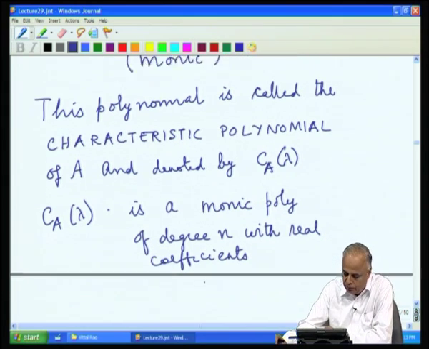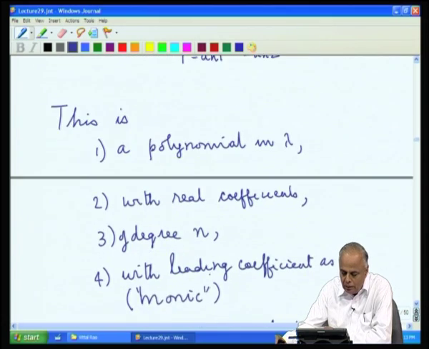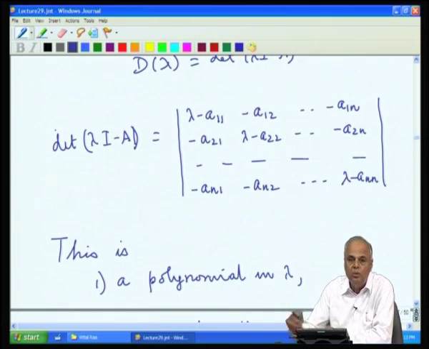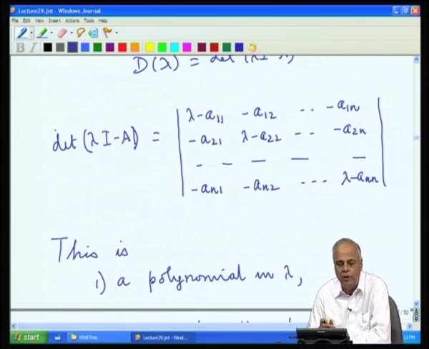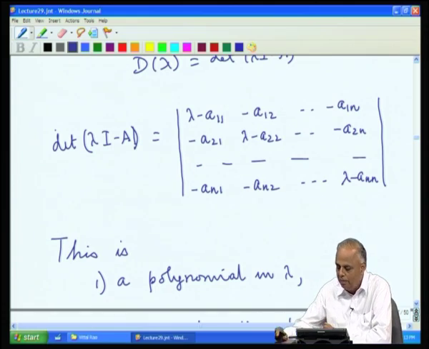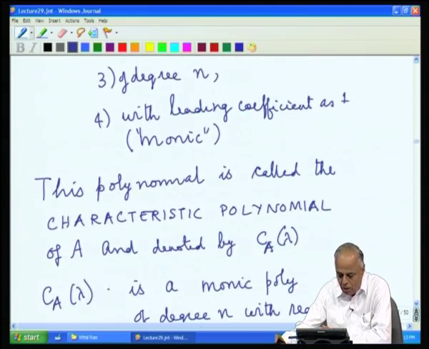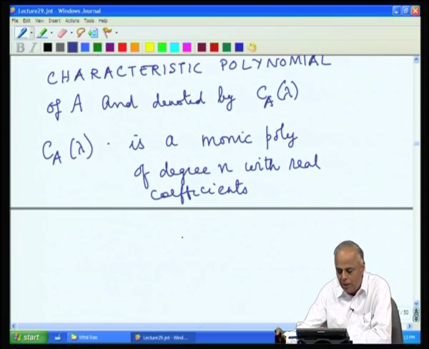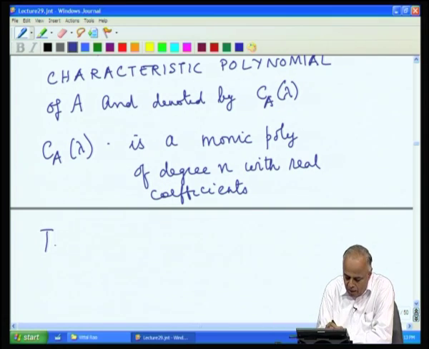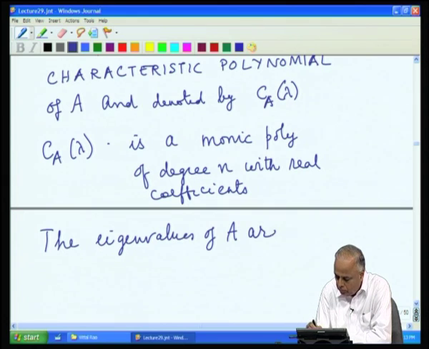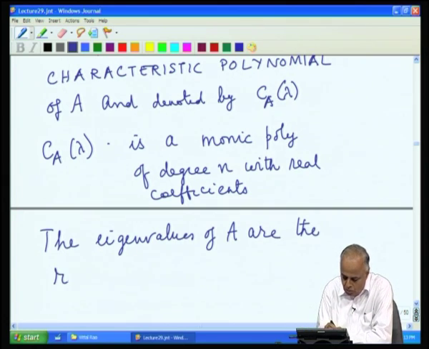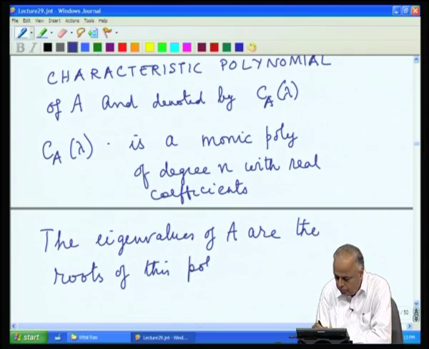As we are interested in the zeros or the roots of these polynomials, because we have seen that the zeros or the roots of this function d lambda are the eigenvalues. Now, d lambda is our C A lambda, it is a polynomial, and therefore, the eigenvalues of A are the roots of this polynomial.